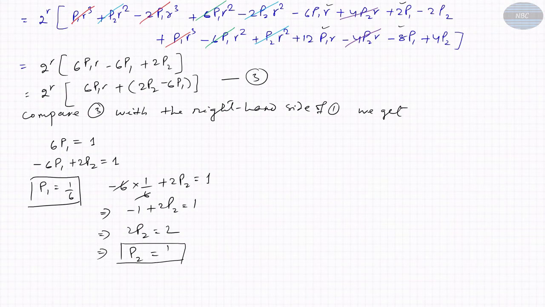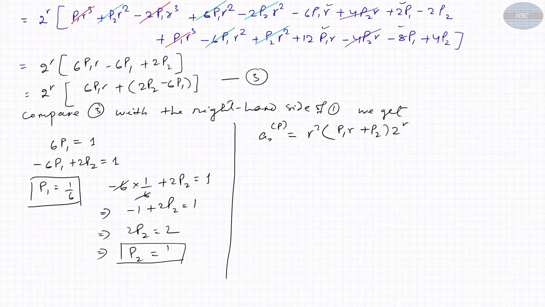So hence the particular solution is of the form a_r^p equals r square plus p1 r plus p2 into 2 to the power r.